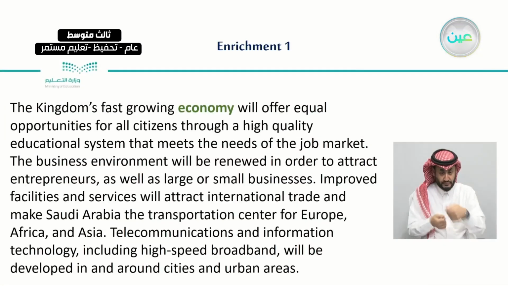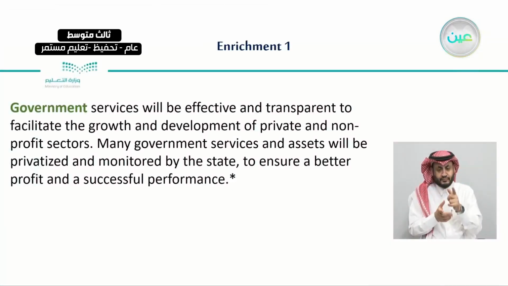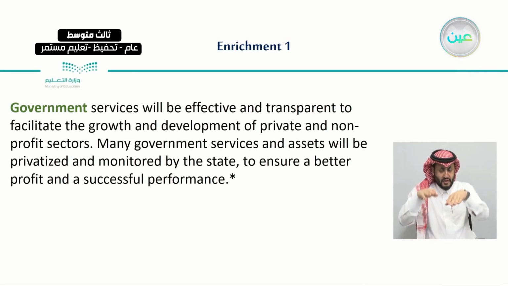In regard to the economy, the vision will offer equal opportunities for all citizens through a high-quality educational system that meets the needs of the job market. Finally, government services will be effective and transparent, and will facilitate the growth and development of private and non-profit sectors.